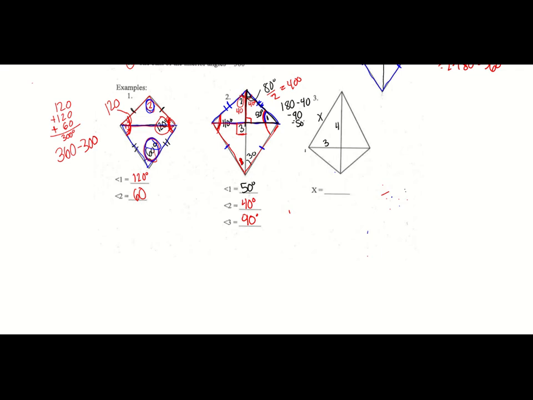Okay, we're going to do one more, and this kite is asking for the sides now. So they tell me that this little part of my diagonal is 3, and this part of my diagonal is 4. I'm looking for this side x. Well, if I know that this is a kite and my diagonals are perpendicular, I know that this is 90 degrees. So to find my x, I use my Pythagorean theorem.